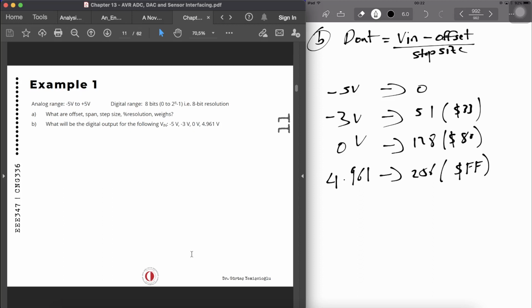Okay, so 5 minus 0.039, and so on. It goes like that, which is how we can get these values.